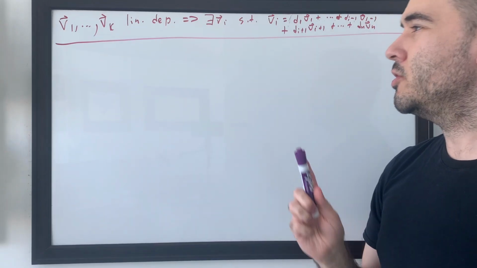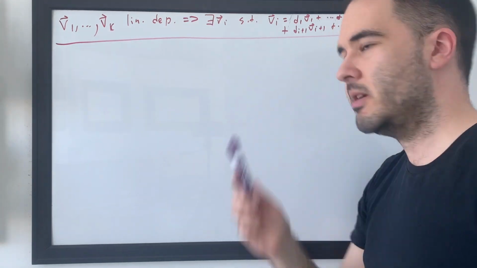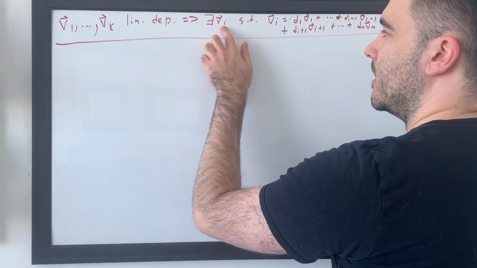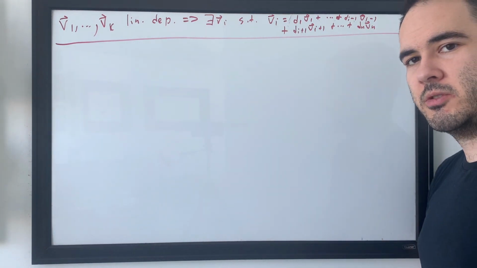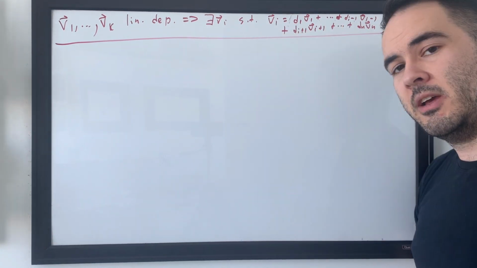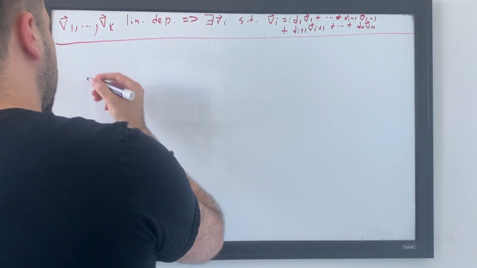Okay, so what do we need to show? We need to show that if v1 to vk are linearly dependent, then there must exist a vi such that vi can be written as a linear combination of the others. Essentially, we're calling vi a redundant vector. Okay, so let's start.